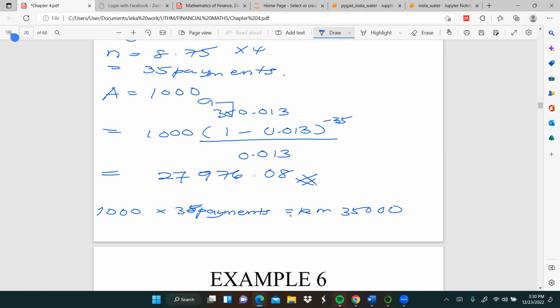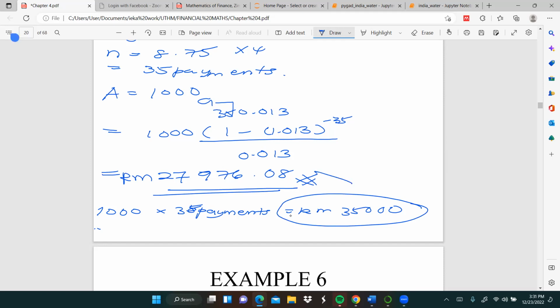Okay, but she need to invest. Okay, this is her investment in order to get this amount later. So kat sini beza sebanyak, okay, dua ni bezanya adalah sebanyak difference about RM7,023 and 92 cent.